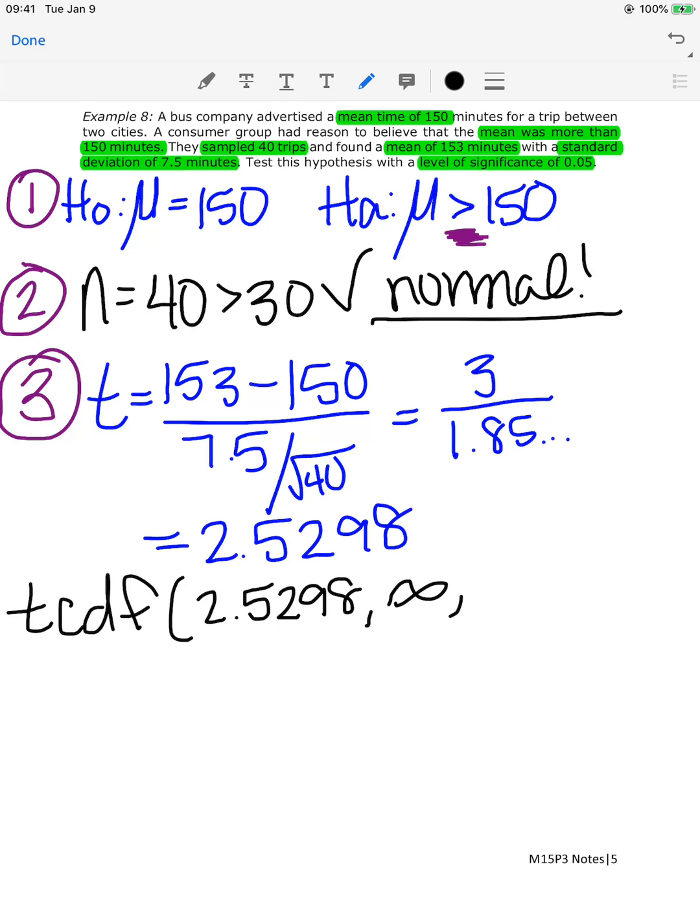And our degrees of freedom is 1 less than our sample size, so 39. Calculate that. 0.0078.